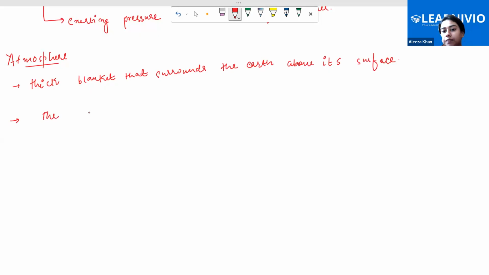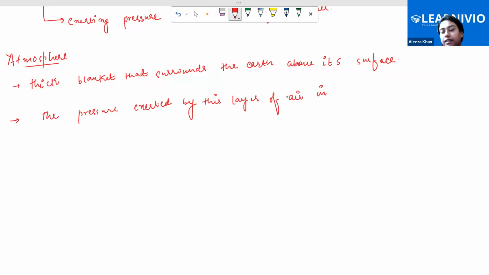The pressure exerted by this layer of air, because the atmosphere is composed of only the gases, air. This thick blanket is composed of all the gases.